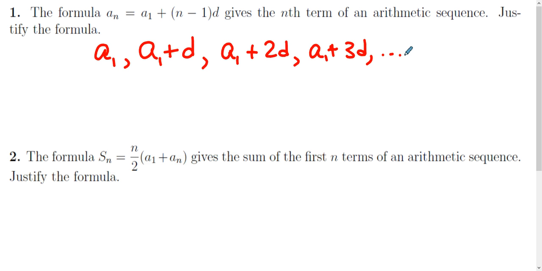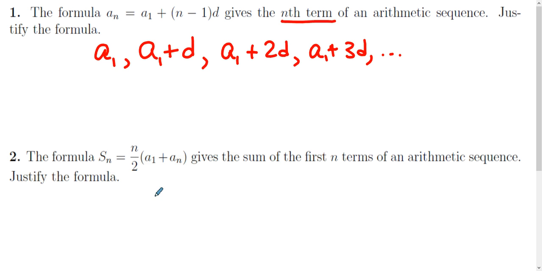And so what we see is that in general, the first term has no d, the second term has 1d, the third term has 2d, the fourth term has 3d, and so on. So the nth term has n minus 1 d. And that's a justification for why that formula holds.